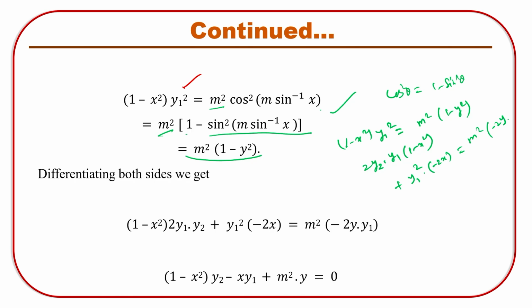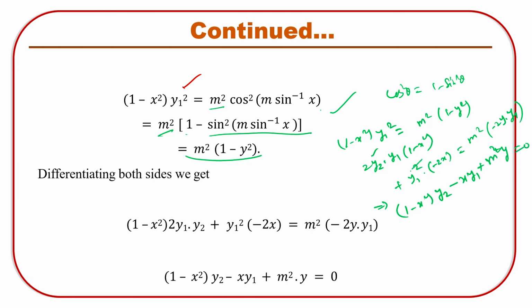Minus 2y into y1, right. That will be your answer. Simplify it very quickly. So, it will give you y1 square. So, this will give you (1 minus x square) y2 minus x y1 plus m square y is equal to 0, right.